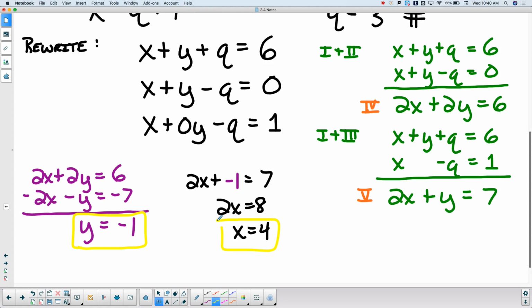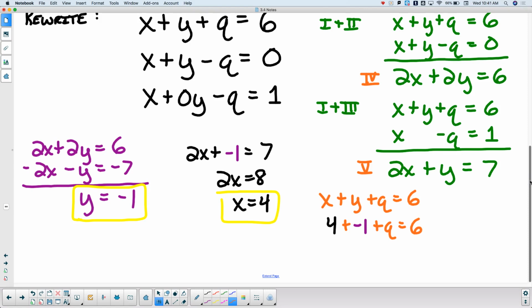Then I can go x plus y plus q has to be 6. So 4 plus negative 1 plus q equals 6.